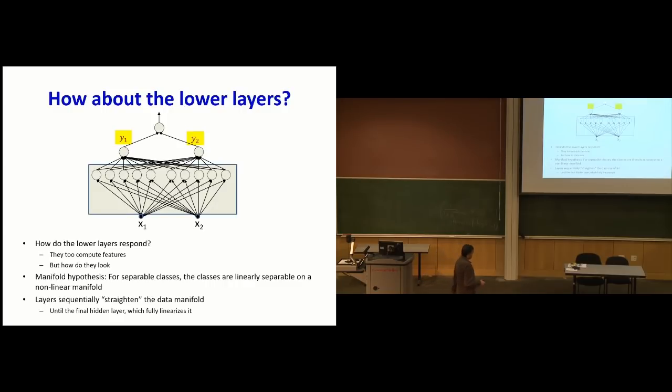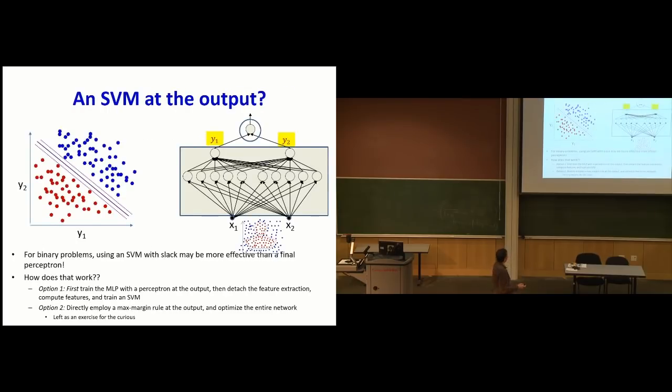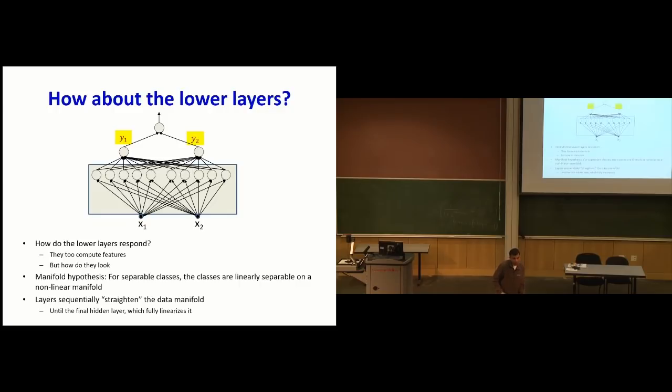One particularly interesting and possibly intuitive hypothesis is the so-called manifold hypothesis, which says that for separable classes, like this one, there is some inherent manifold, some curved surface in some high dimensional space, where the data are linearly separable.